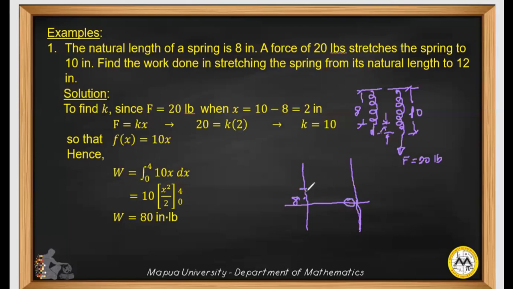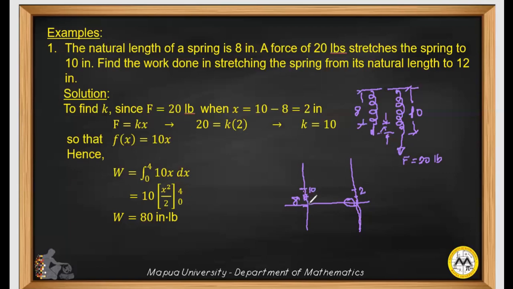If the spring is pulled up to 10, of course this is 8, then 9 and 10, this is 10. So from 0 we will have 2. So from 0 to 2 means the elongation is 2 inches.